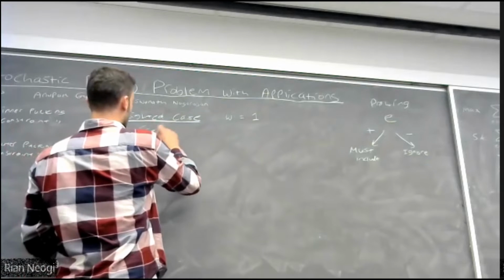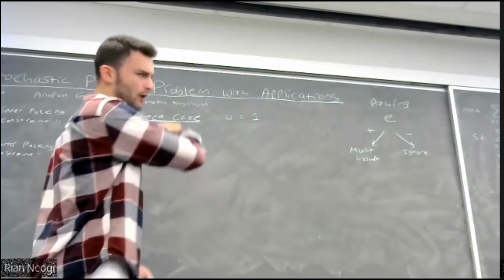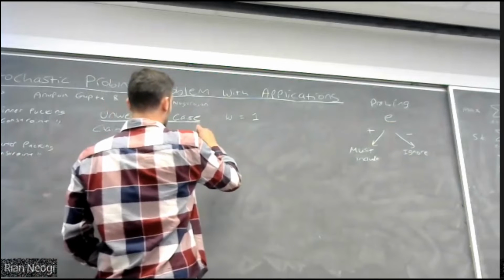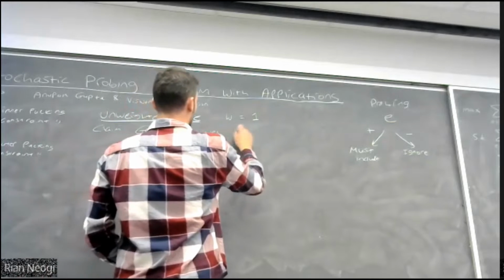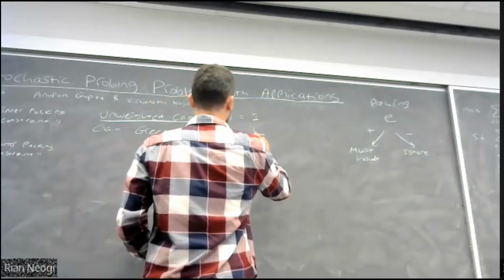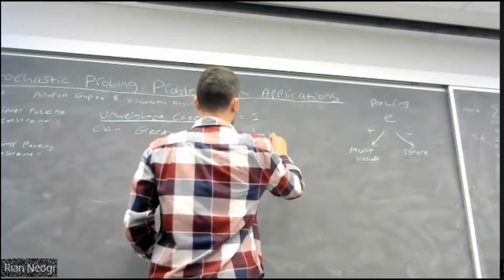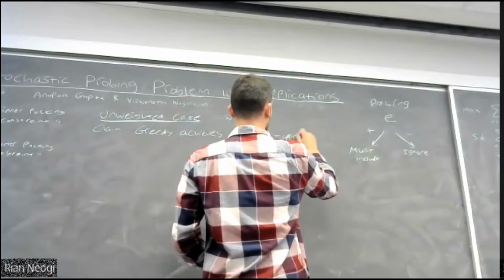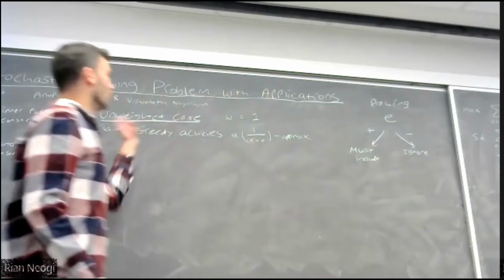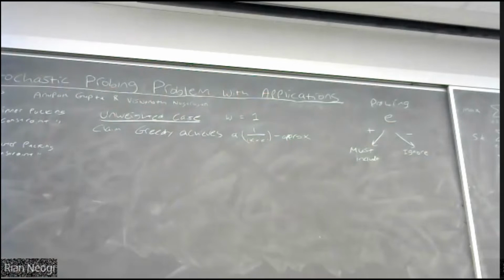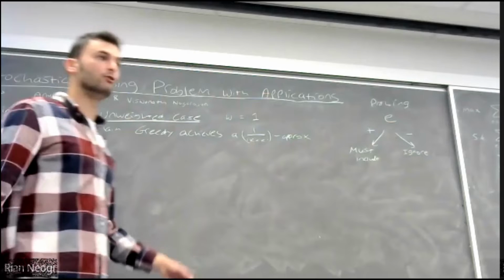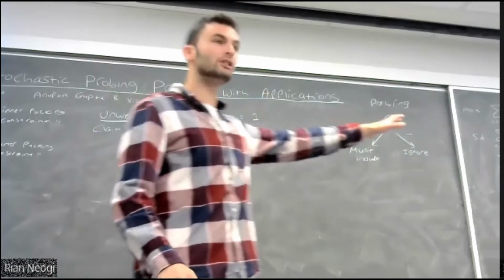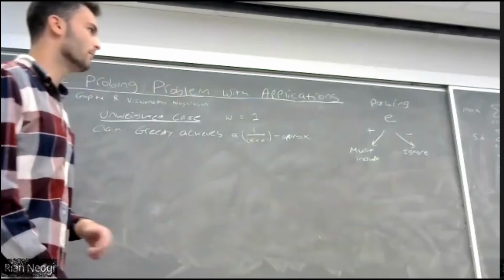So greedy, and I'll explain also how the greedy algorithm works. The greedy algorithm achieves a 1 over k plus k prime approximation to the unweighted stochastic probing problem. And we'll look at a full proof of this. It's based on this LP relaxation that I'll explain in a moment.